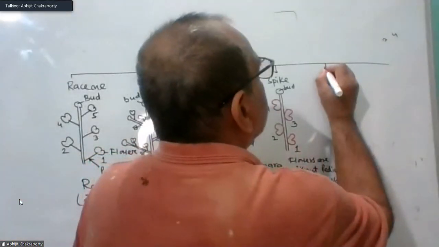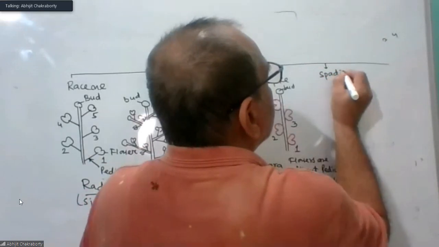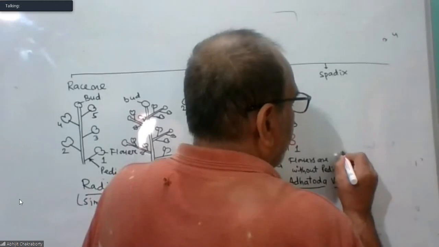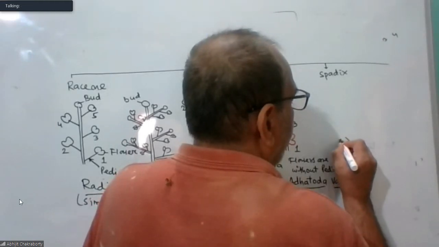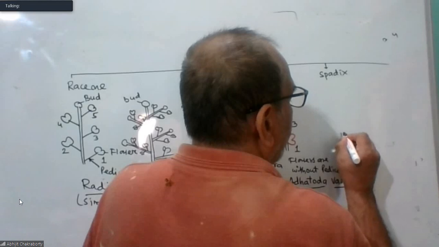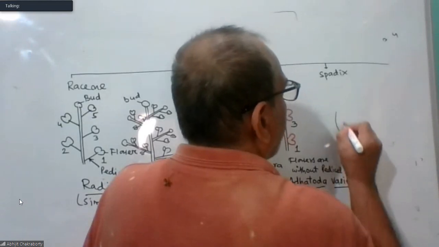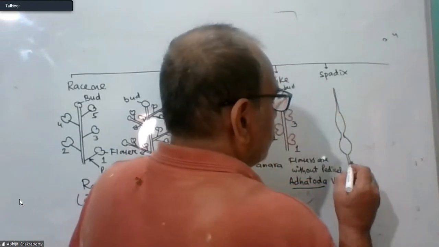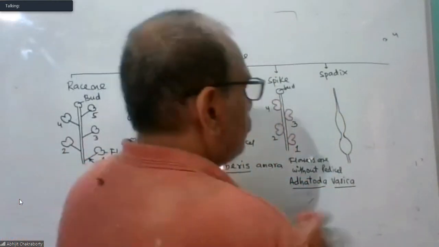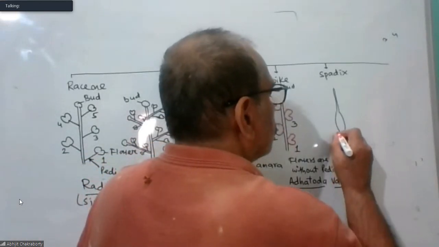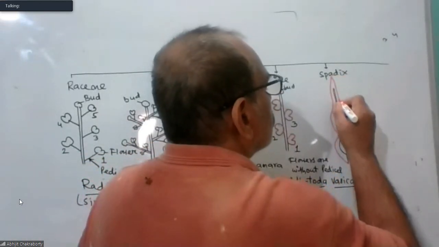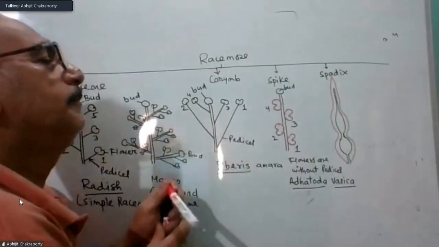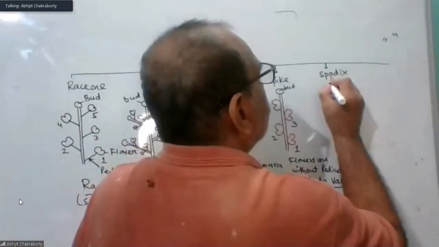Then the most important one is spadix. What about the spadix? You see, this is called the spathe.